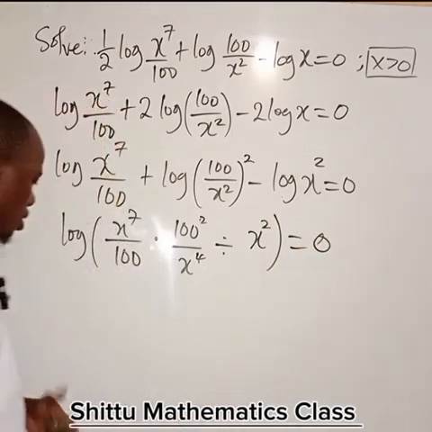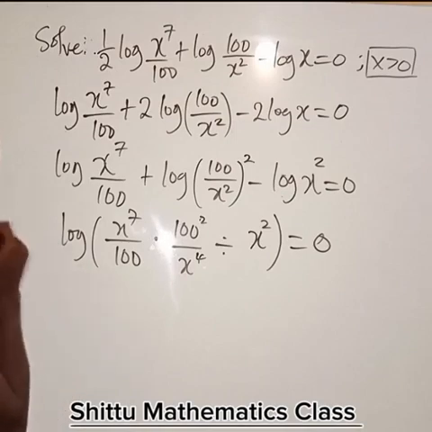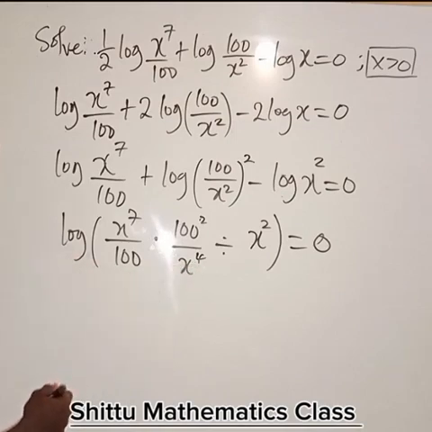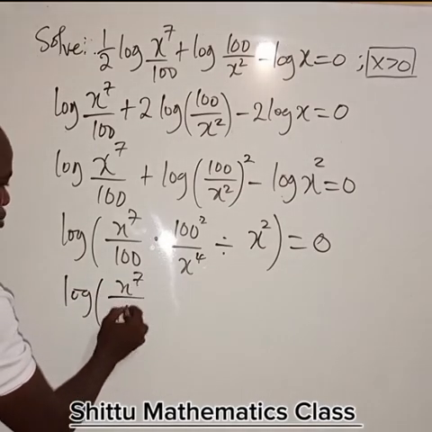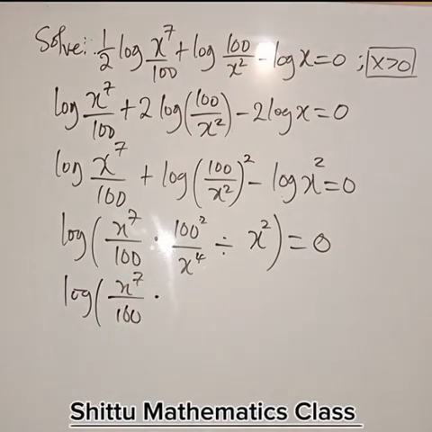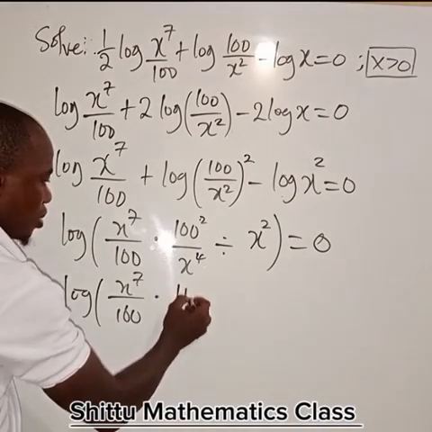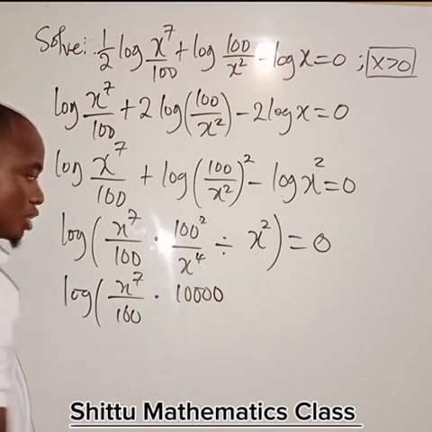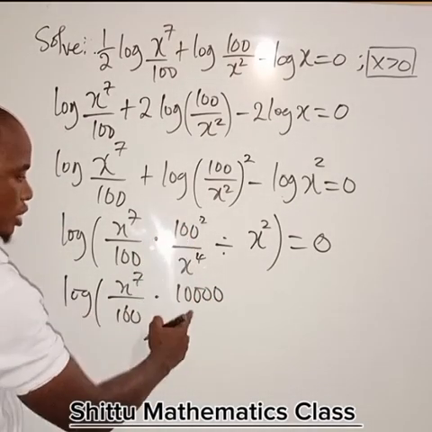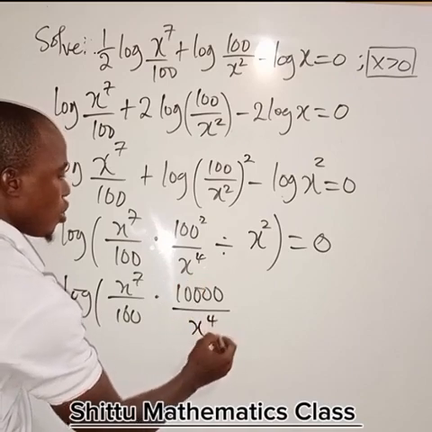Are you following? So now from there, the next thing we are going to do is we can see that here we see something common. So I can actually have it like log x to power 7 over 100 multiplied by 10,000, because when you say 100 squared, we are going to be having 10,000, then divided by x to power 4.